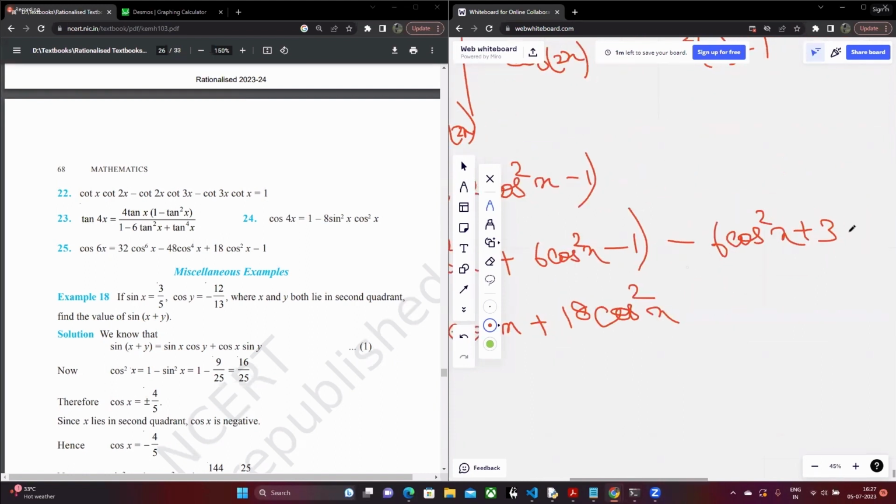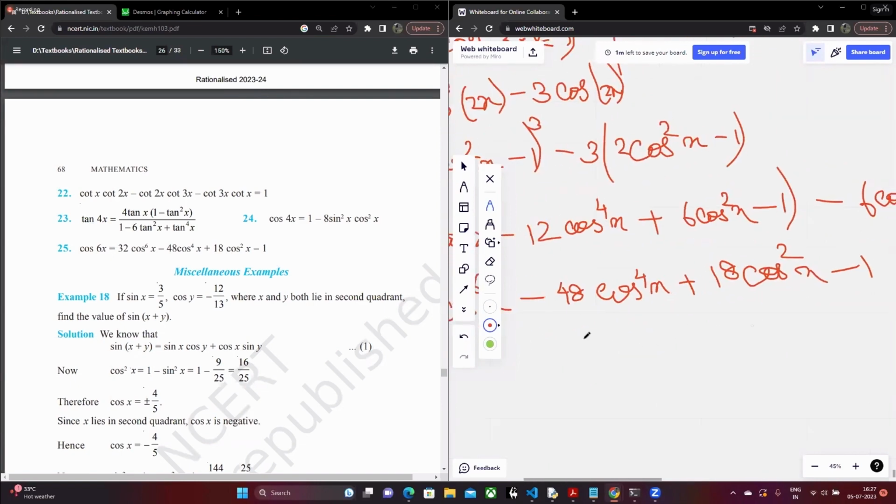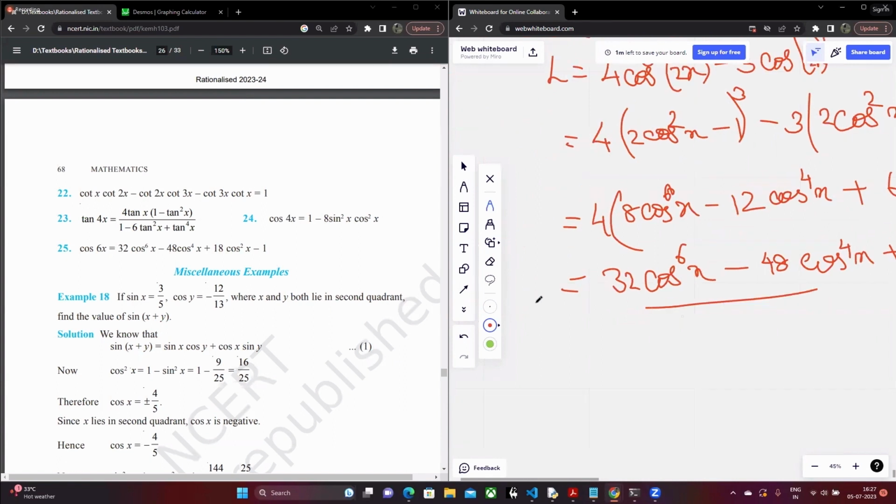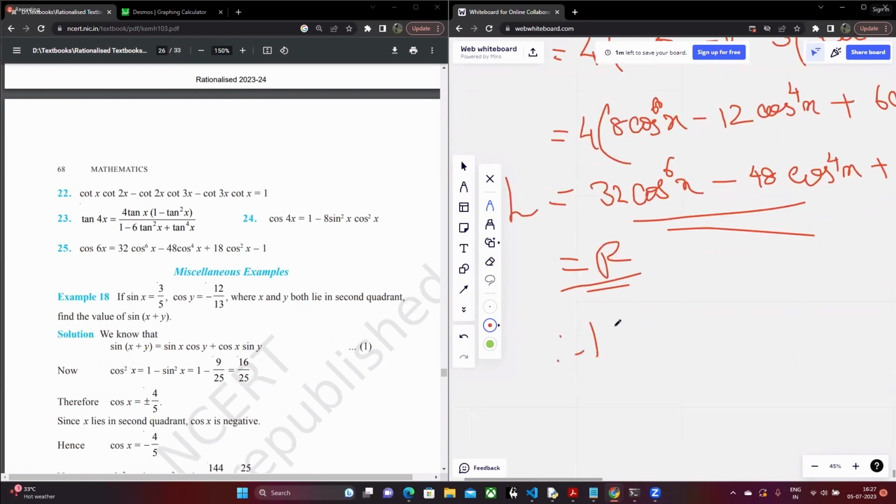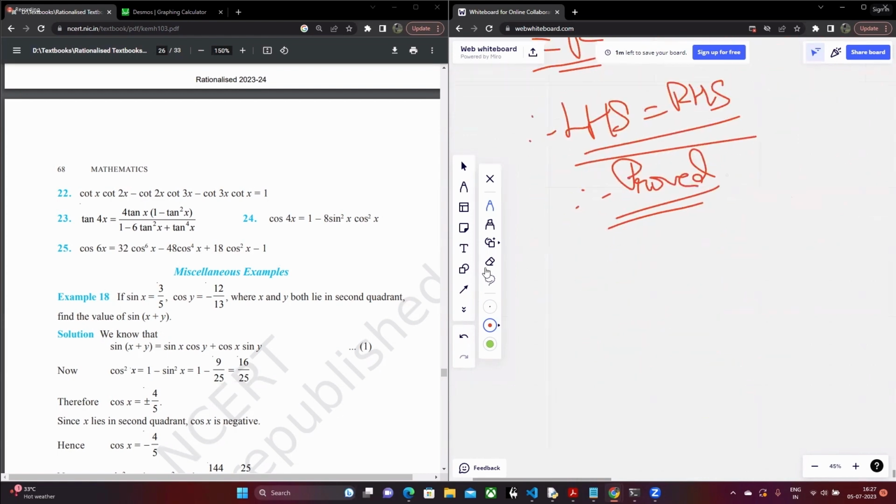And this is going to be minus 4 plus 3, that is going to be minus 1. Right. This is LHS, which is equal to the RHS. Therefore, I can state that LHS is equal to RHS. Therefore, I have two statements. And with this, we complete exercise 3.3.